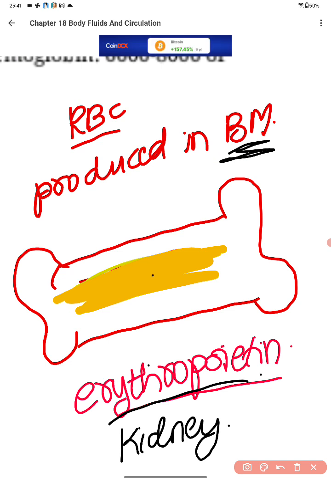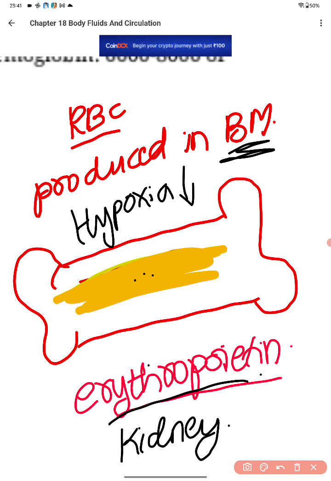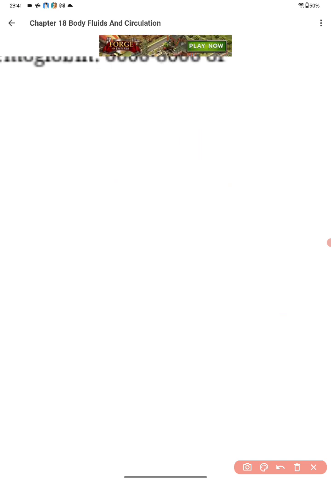Another stimulus for the bone marrow to produce RBC is hypoxia. Hypoxia means reduced oxygen in your blood, and it also stimulates the production of RBC. One interesting fact: have you seen the people who live in hilly areas or in the Himalayan mountains? They are very red. Their face is very reddish, as if they have applied lots of blush.